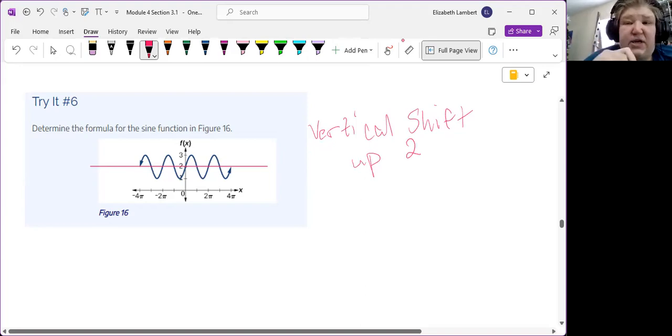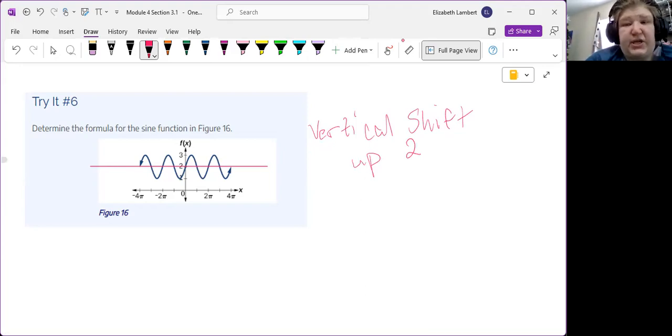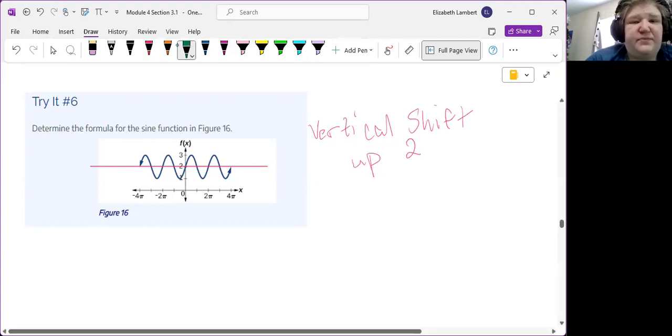All right, now sine starts at 0, so this one is starting at 0, so I don't have a phase shift. Our low number is 1, our high number is 3, so the amplitude is 1.